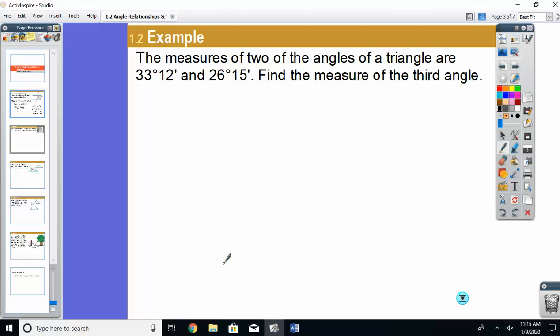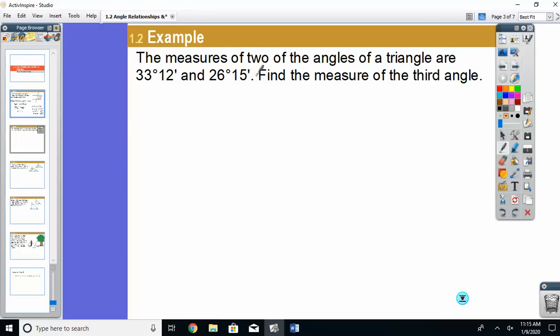Find the measure of the third. What do we know about triangles? They add up to 180. So how am I going to find my third angle? Subtract both those. Okay.